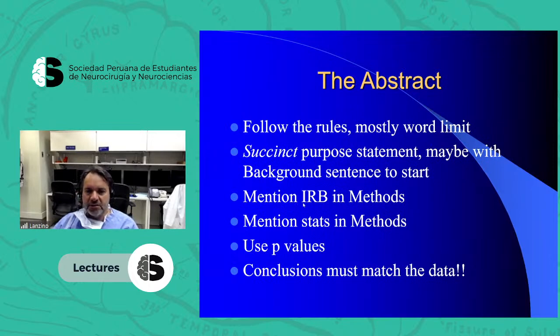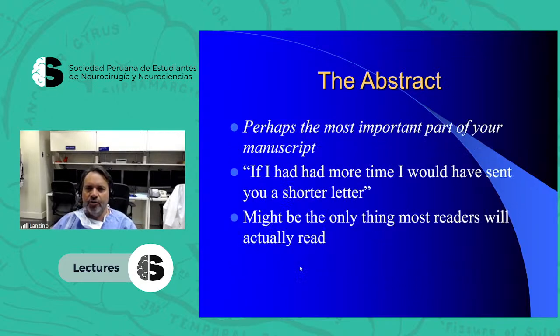Nowadays, I think it's the rule to mention the IRB in the methods in the abstracts. In the abstract, you must mention statistically significant values and use the p-values. And again, the conclusions must be pertinent to the data and to the main observations of your paper.